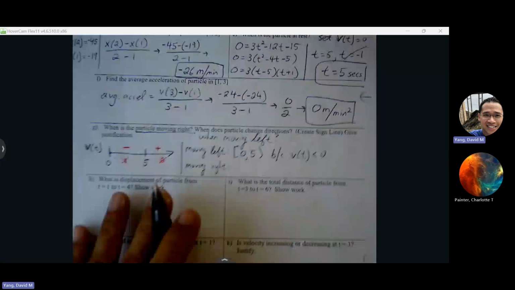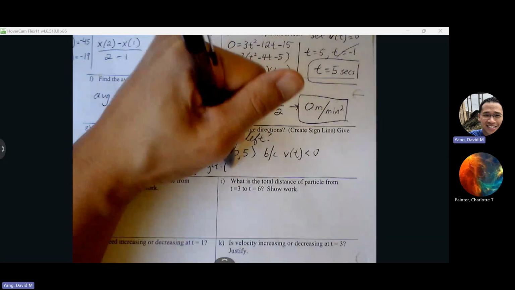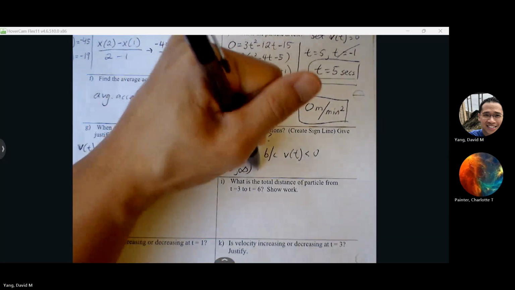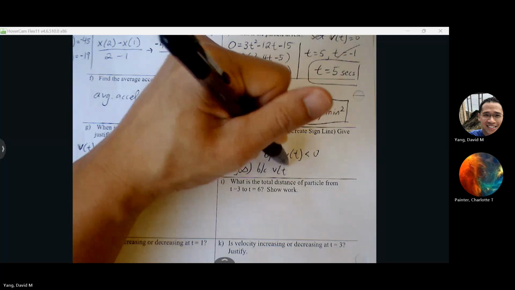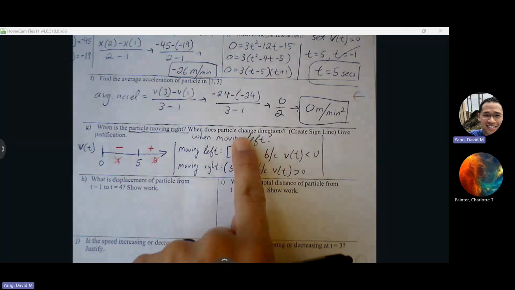Moving right from 5 to infinity, parentheses for both. And then when does the particle change direction?